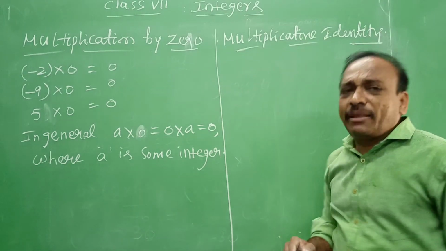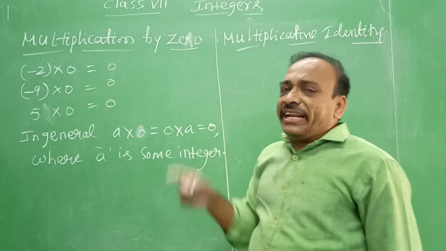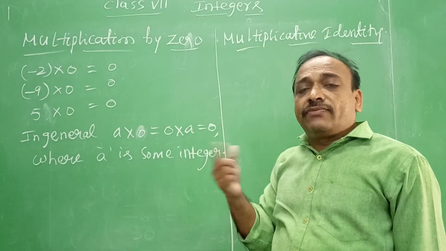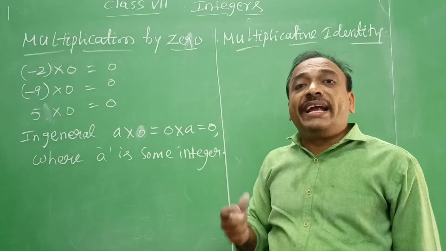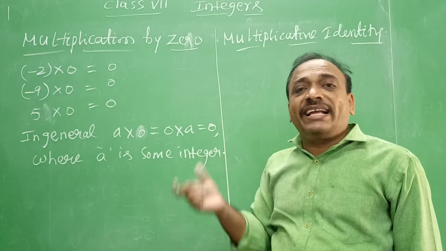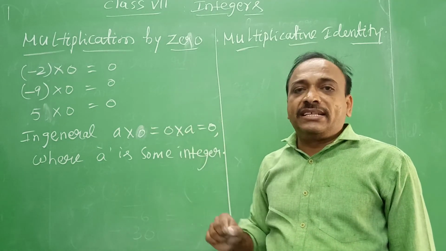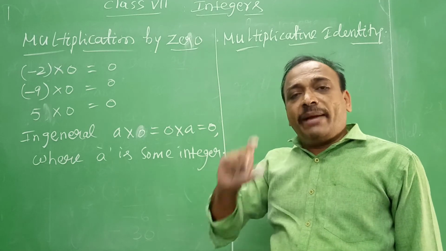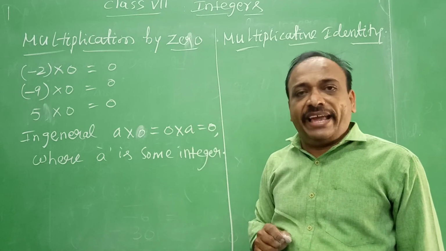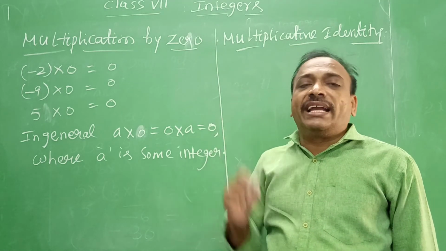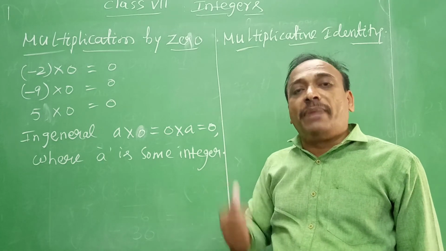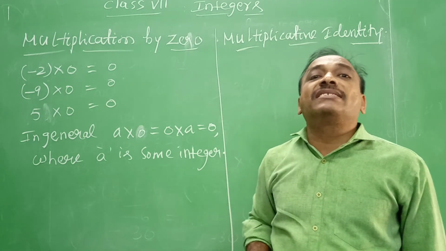Multiplicative identity. As we learned additive identity, when we add something to an integer and get the same integer, that is addition: a plus 0 is equal to 0 plus a, where 0 is the additive identity. Similarly, when we multiply, the result remains the same.